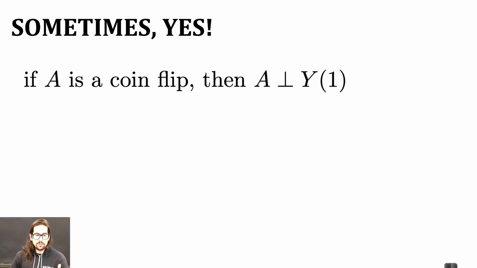So if A is randomized, then the exposure is independent from everything, right? Because the source of randomness that goes into it has nothing to do with any of the other variables. So A is independent from everything else, and in particular, it's also independent from this potential outcome, what would have happened under treatment.